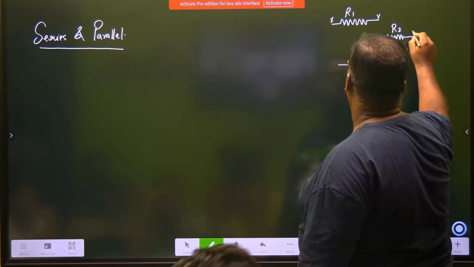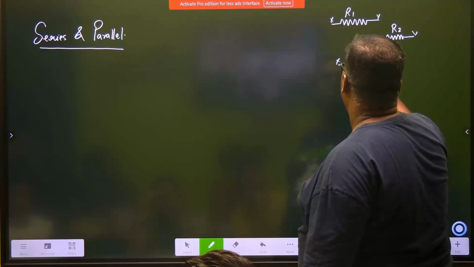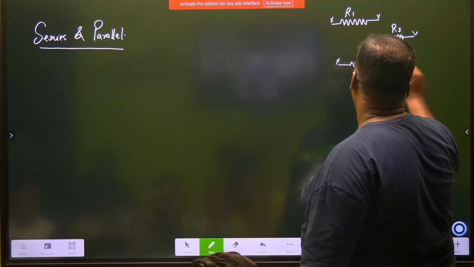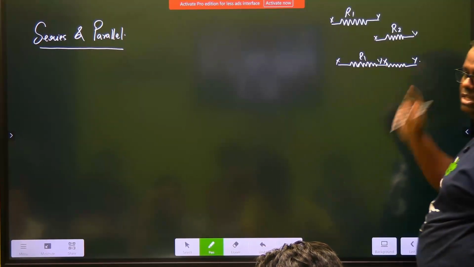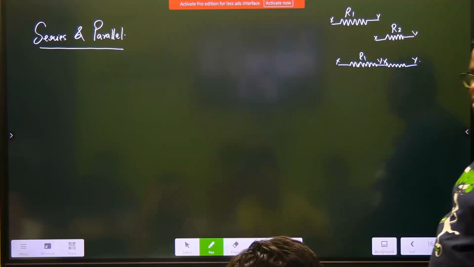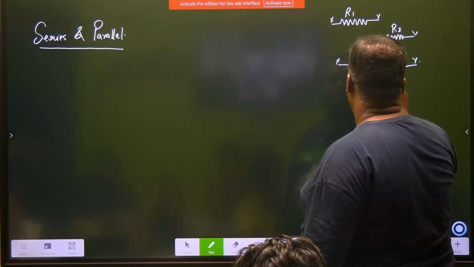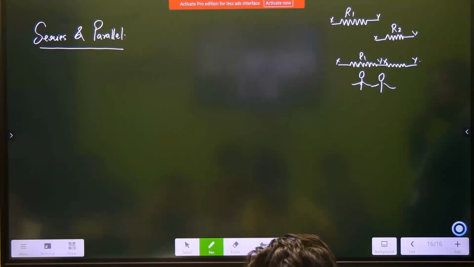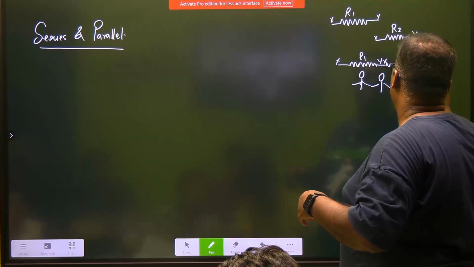We connect Y of the first to X of the second, and Y on this side. This is series. As I told you, series is like ringa ringa roses. Understood?